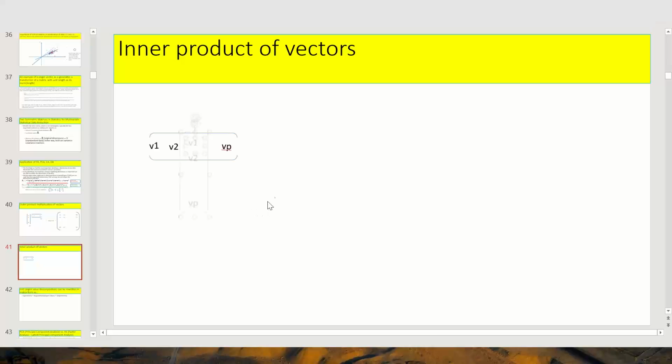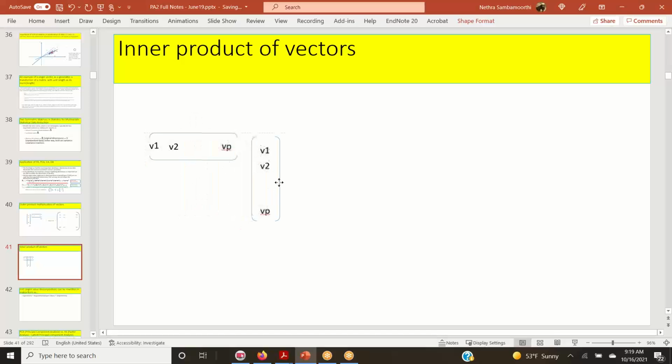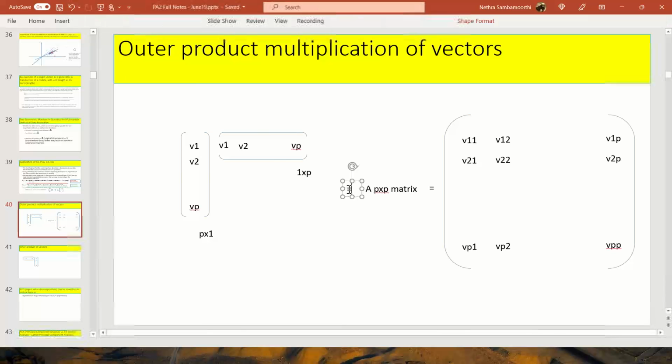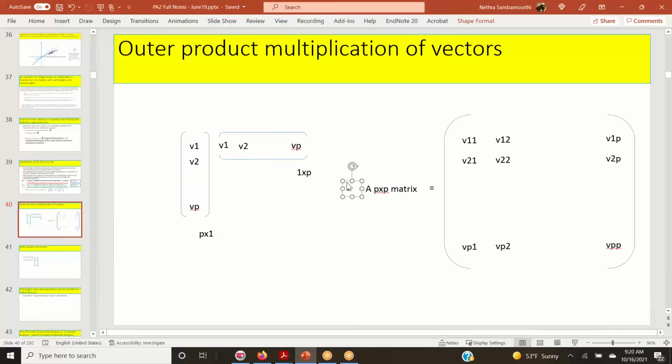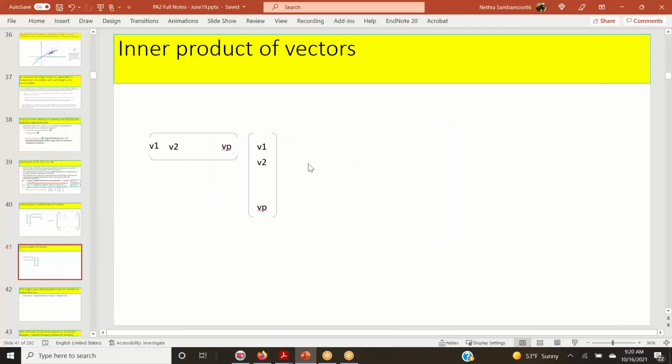If you are given a vector and want to define the inner product, this is what you have to think. I will come to a very important geometric meaning here, but before that, let me complete this. The product definition here: both are products. There is multiplication going on, that's why it's called products.